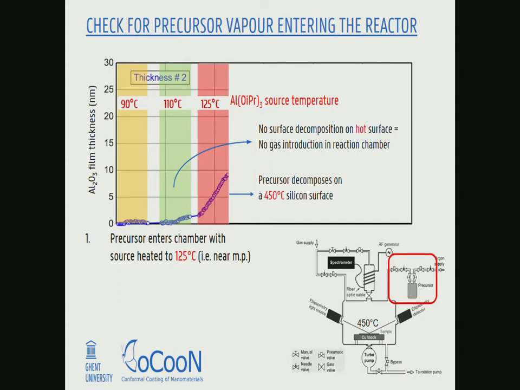Then when you're starting to play around with a new precursor molecule, so you load it into this bubbler, when you attach it to your reactor, the first thing to check is that precursor vapor is actually coming into your reactor. A very efficient way of doing that is just putting your substrate temperature really high, to make sure that whenever vapor molecules would enter your reactor, for sure they will decompose.